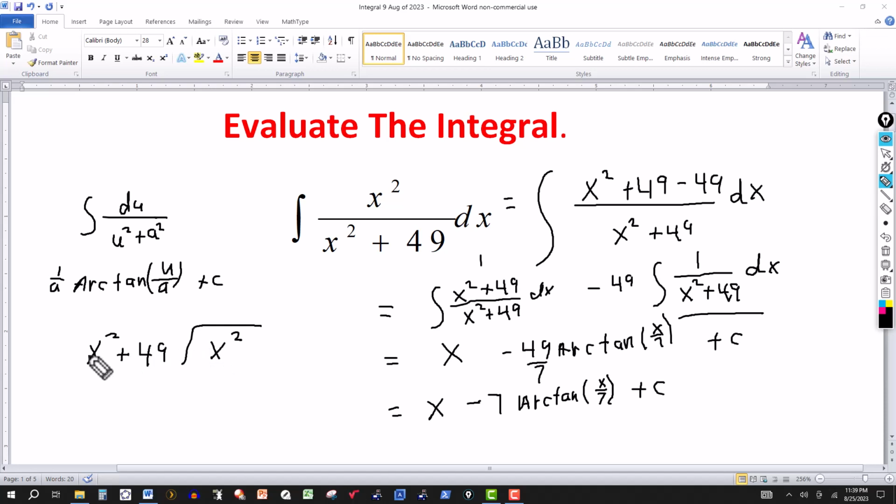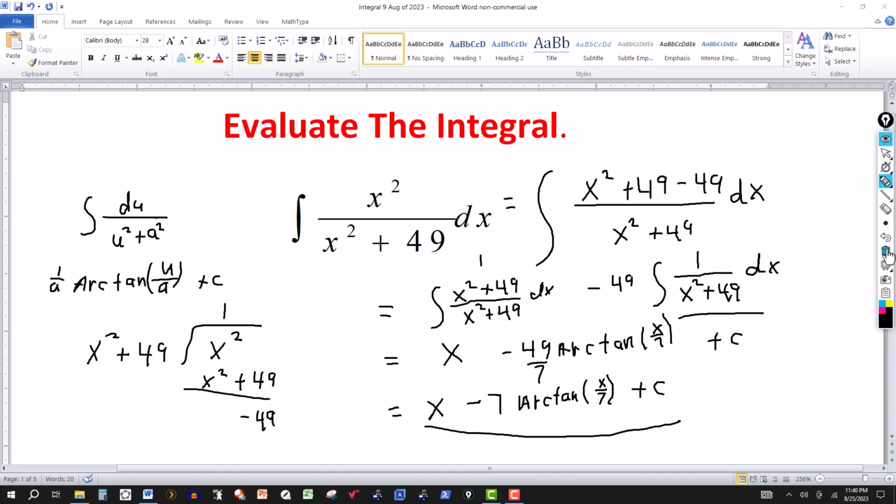I have it in descending powers in the divisor and the dividend. x squared into x squared is 1. Multiply 1 times x squared is x squared. 1 times 49 is 49. And then we subtract here. x squared subtract x squared cancels, and 0 subtract 49 is negative 49. So that's another approach. Other than that, it's pretty much similar to this here. And this is your final answer for that one.